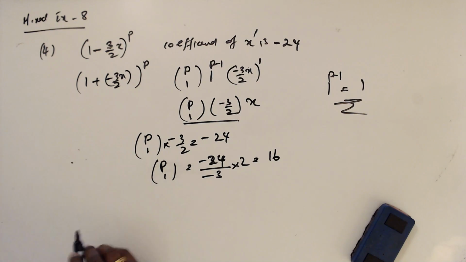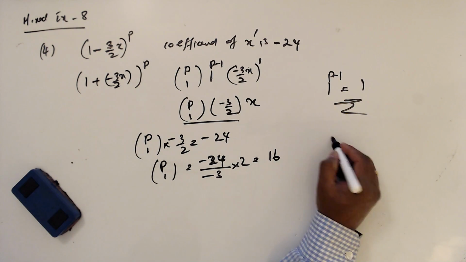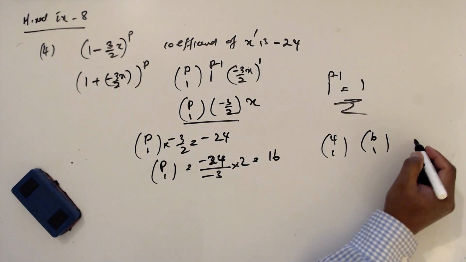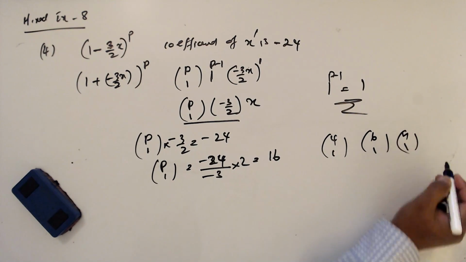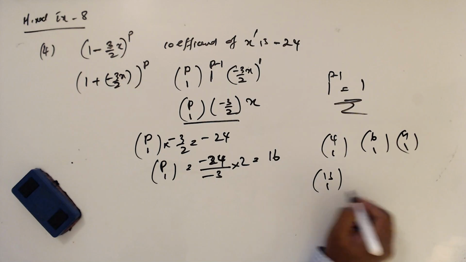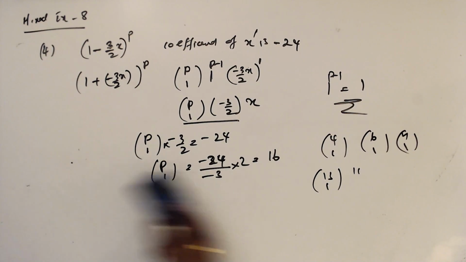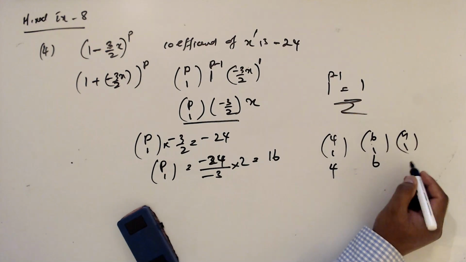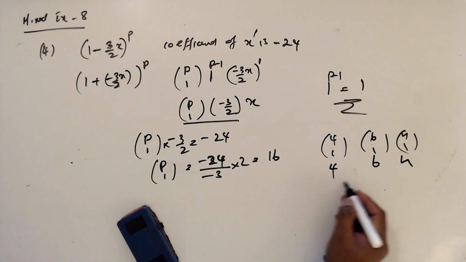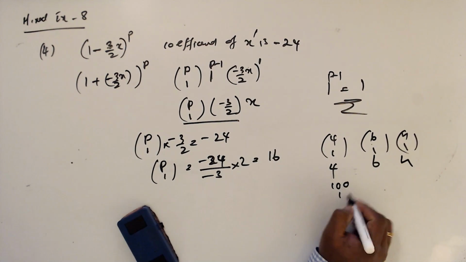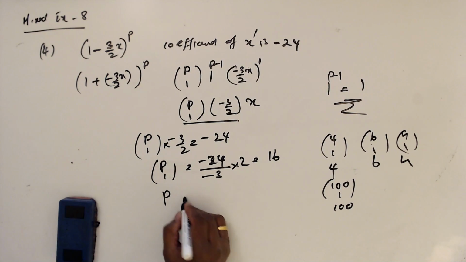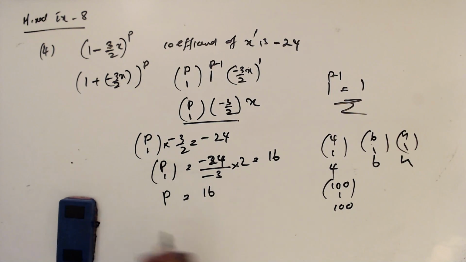Now what is p choose 1? What is 4 choose 1, 6 choose 1, n choose 1, 100 choose 1? 4 choose 1 is 4, 6 choose 1 is 6, n choose 1 is n, and 100 choose 1 is 100. So p choose 1 is simply p equals 16.